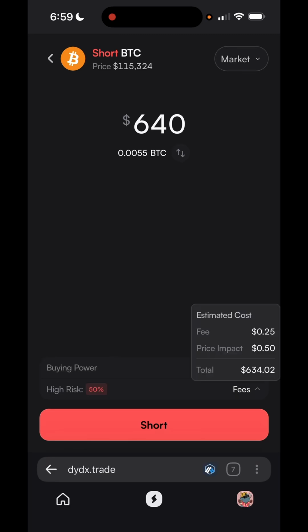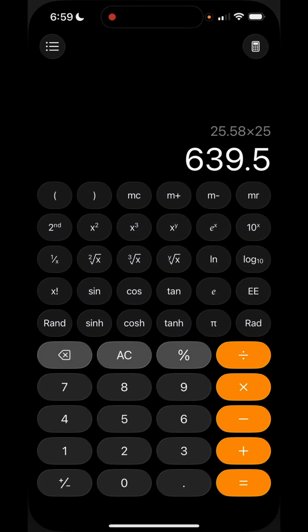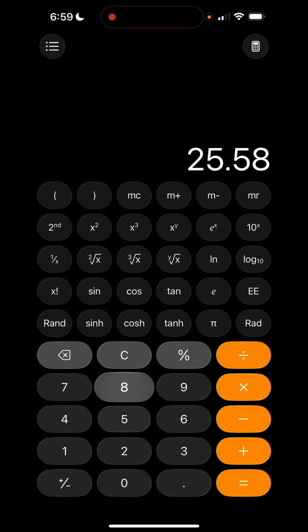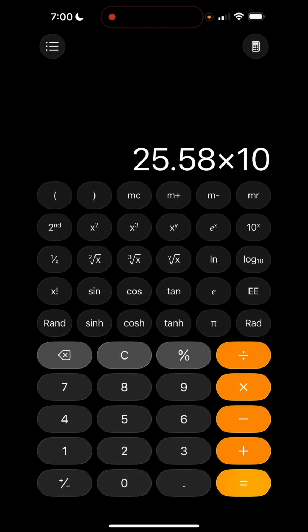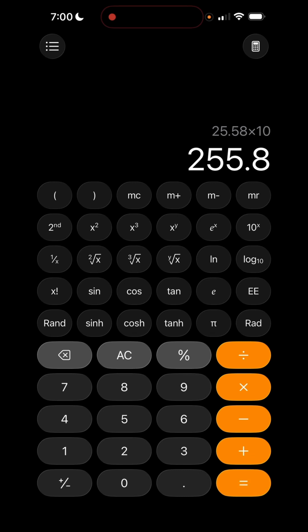So 640 is our buying power, and the fee is just $0.25, which is half of the $0.51 we saw earlier for the 50x leverage. In case you want to reduce this to 10, 15, this is how you go about the calculation. You multiply it by your margin.